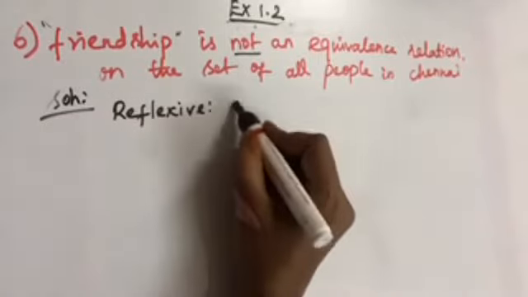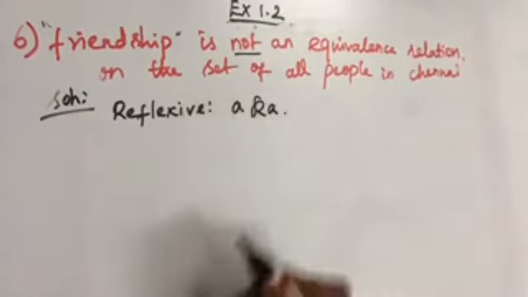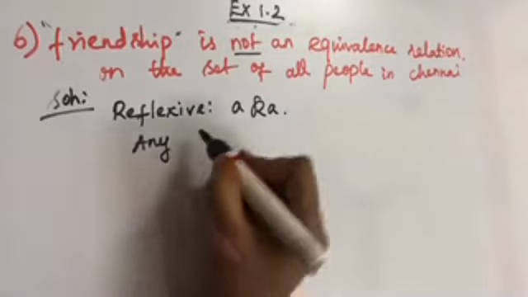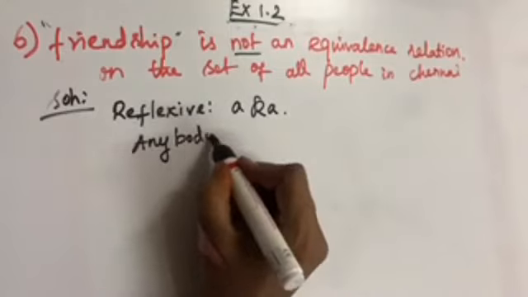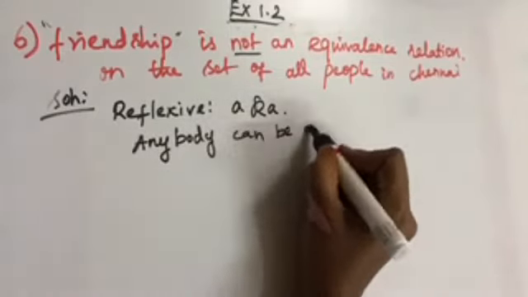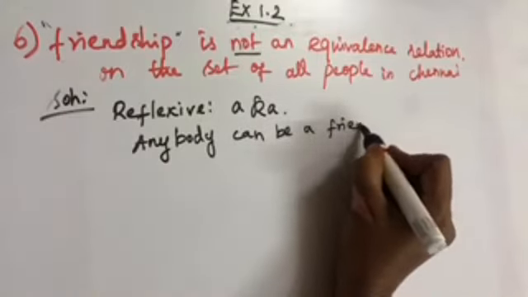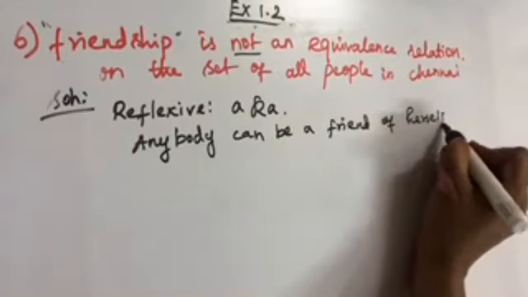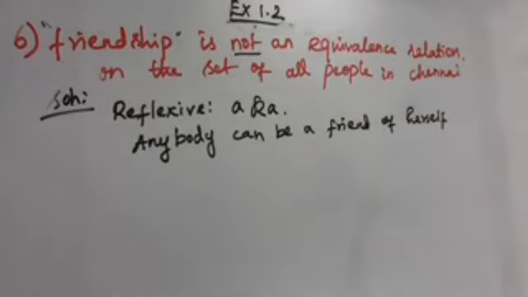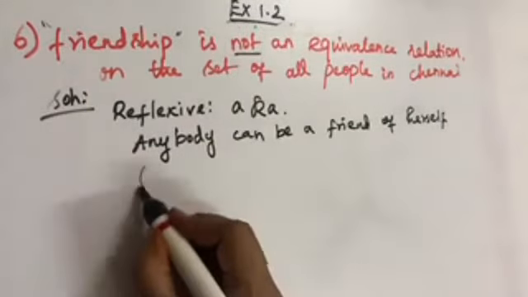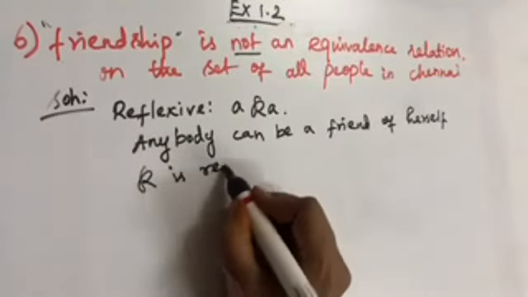Reflexive means A should be related to A. Anybody can be a friend of himself or herself. Do you agree with me? So this relation is reflexive.